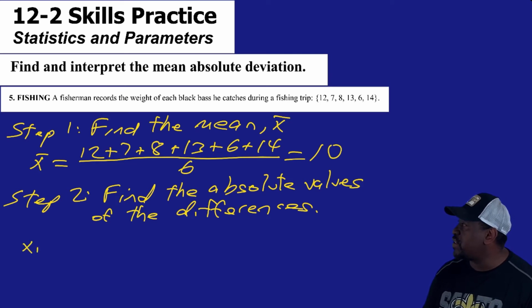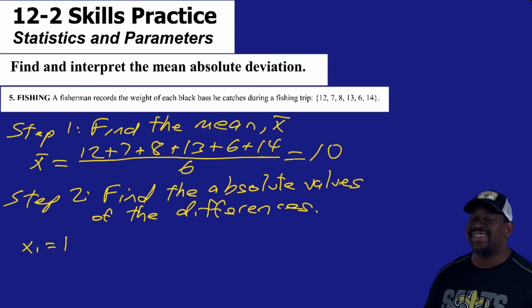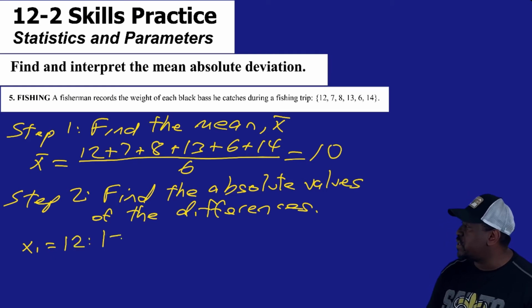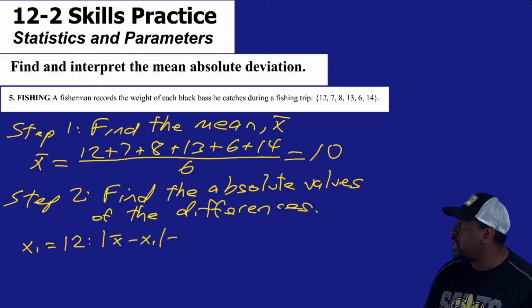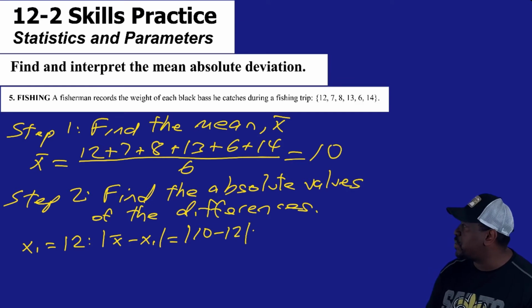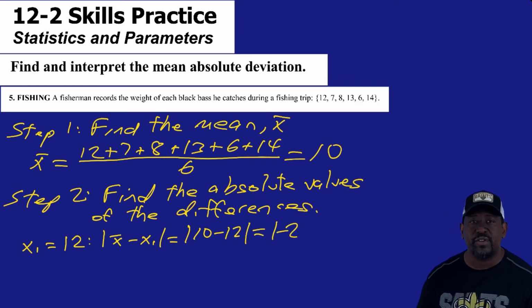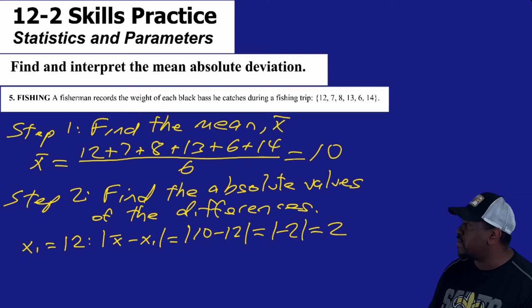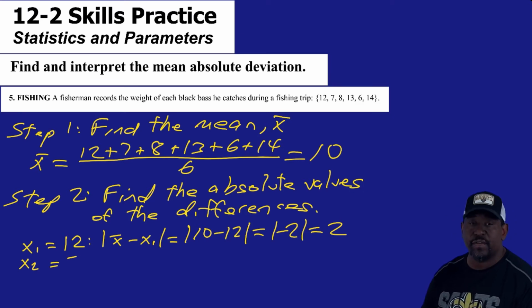For instance, the first sample is 12, so we call that x1, and we get the absolute value of the mean minus sample 1, so it'll be the absolute value of 10 minus 12, which is the absolute value of -2, which is equal to 2. So that first absolute value is 2 for the first sample.